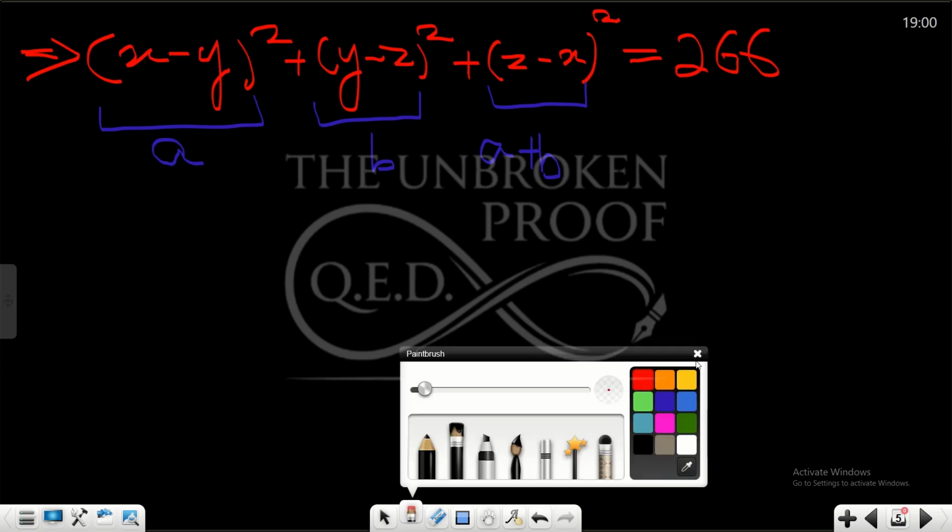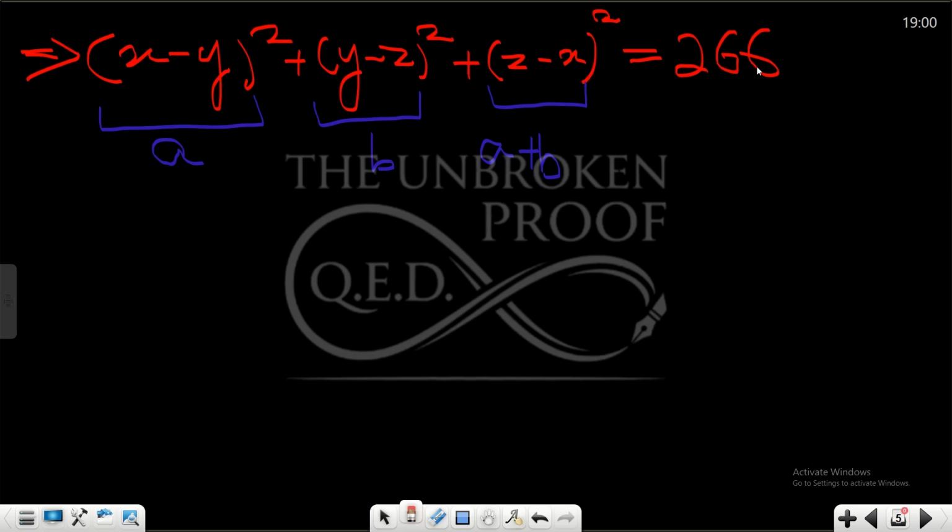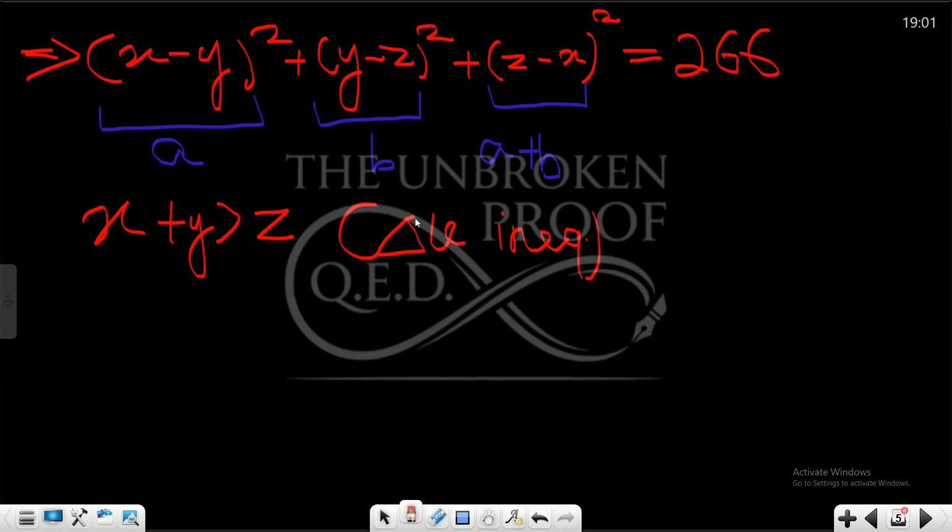The second condition is that the sum of squares should give you 266. The third condition is that x plus y should be greater than z. Why? Because of the triangle inequality. So we have to satisfy these three conditions.